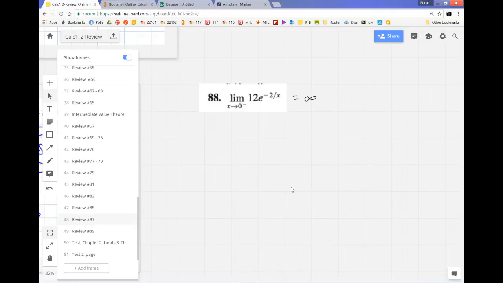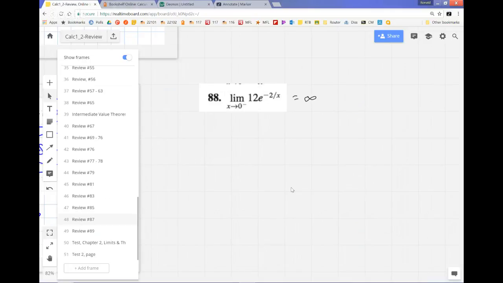So as x approaches 0 from the left, it's going to be an incredibly tiny negative number. What's negative 2 over a tiny negative? Well, negative divided by negative is positive, and negative 2 divided by a real tiny number is infinity. So that'd be a positive infinity.